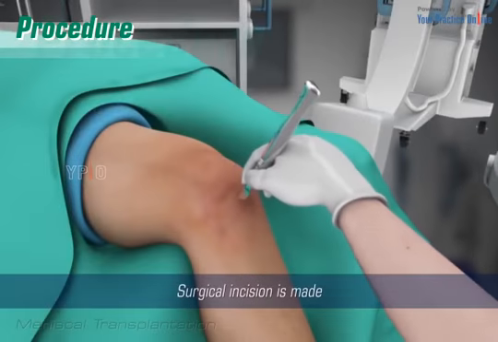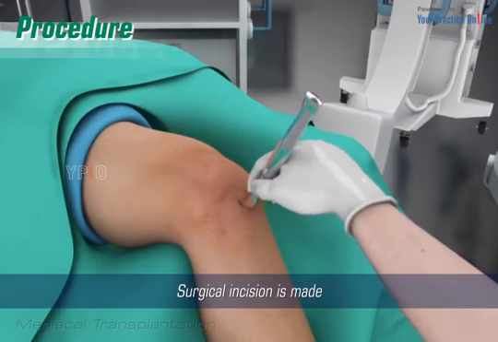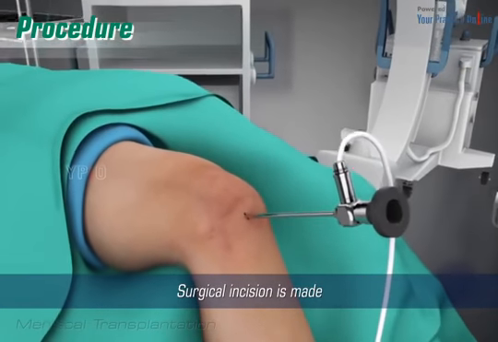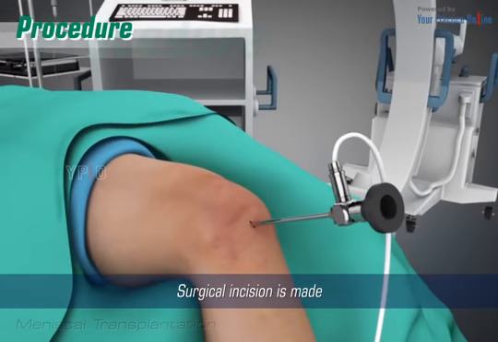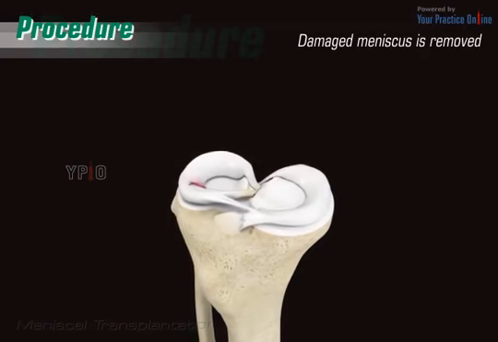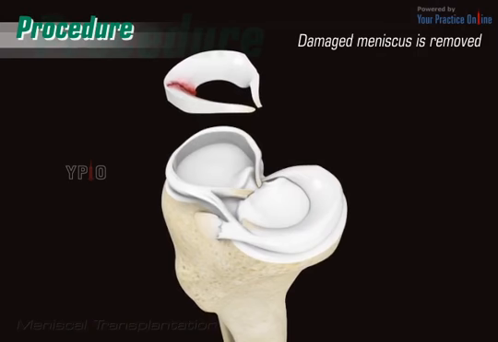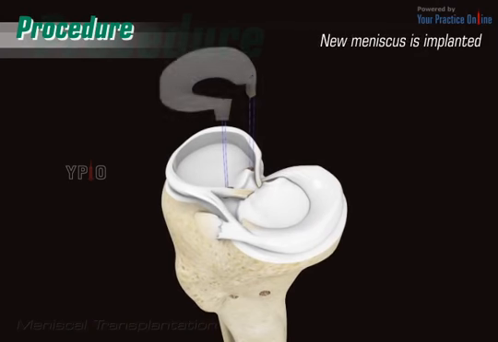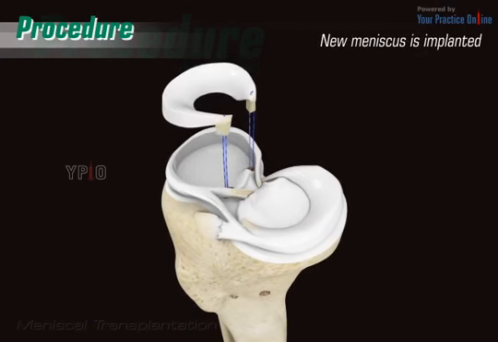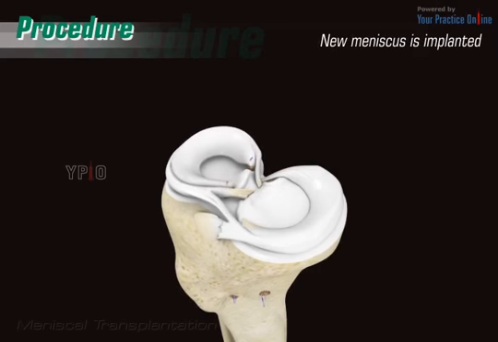For the surgery, a surgical incision is made over the front of the knee in the area of the damaged meniscus. The damaged meniscus is removed and the site is prepared to receive the new meniscal implant. The new meniscus is implanted at the proper site under arthroscopic guidance.